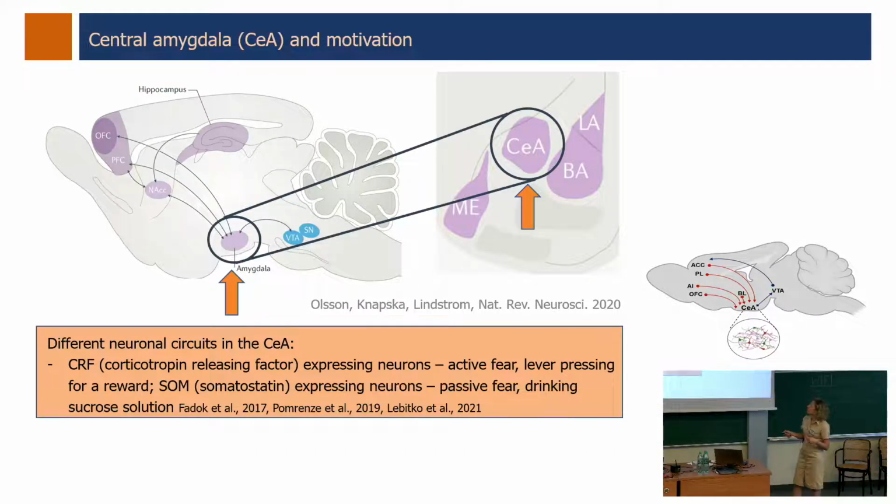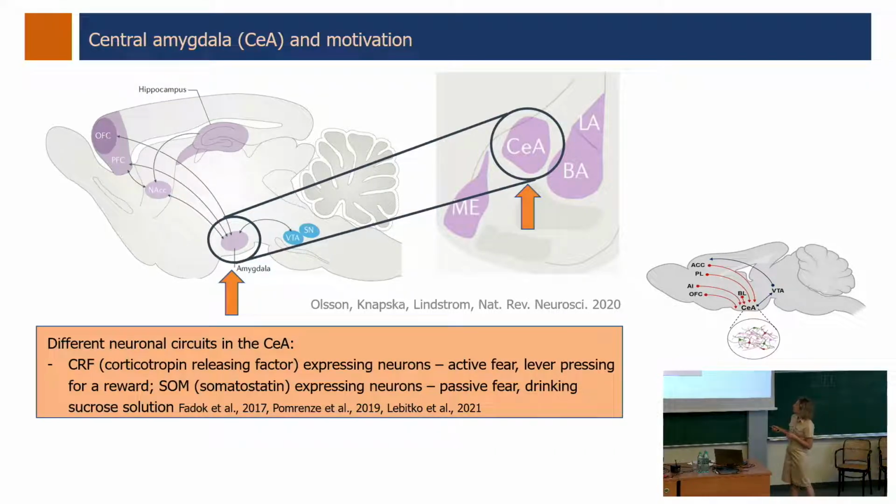For example, it has been shown that optogenetic stimulation of CRF-expressing neurons results in active fear responses or affects lever pressing for a reward, and manipulation of somatostatin neurons affects passive fear, that is freezing, or drinking sucrose solution.